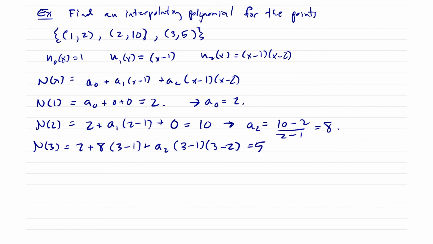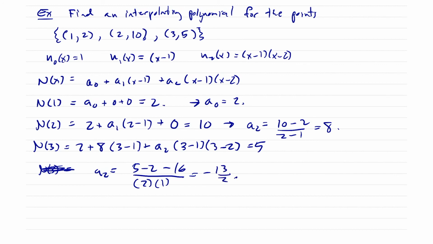And let's see what we get. So we get N(3). We get a2 is equal to 5 minus 2, minus 8 times 2, so that's 16. And then we divide by 3 minus 1, so that's 2, and 3 minus 2, which is 1, right? So ultimately, this is going to give me minus 13 over 2.